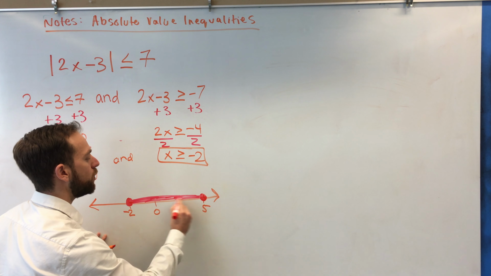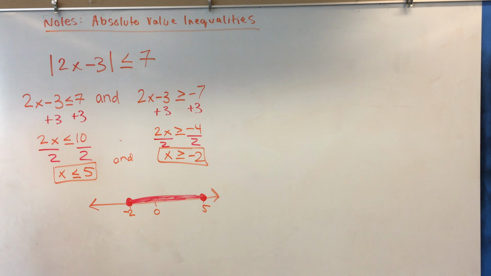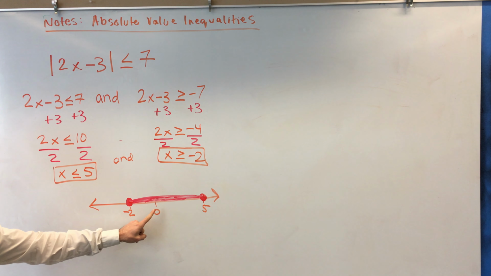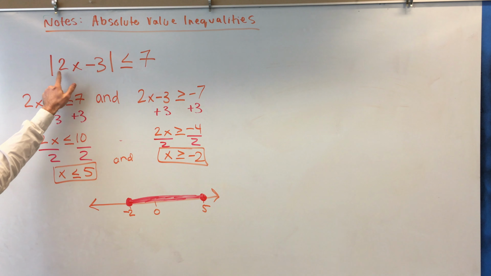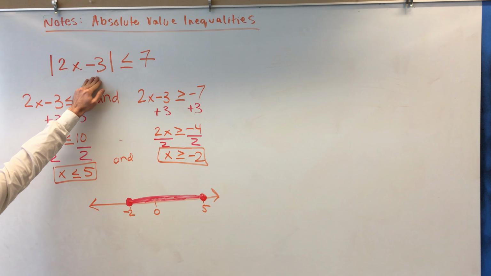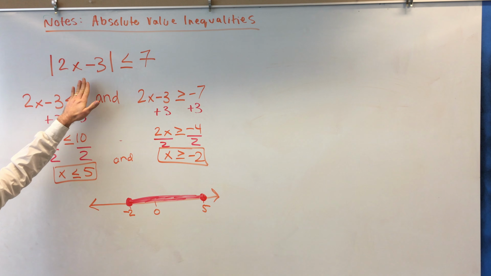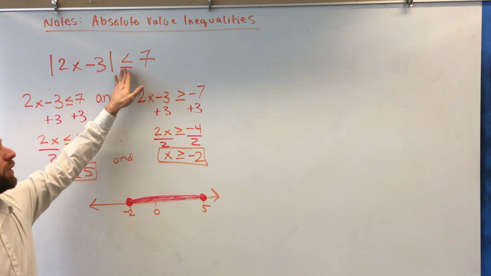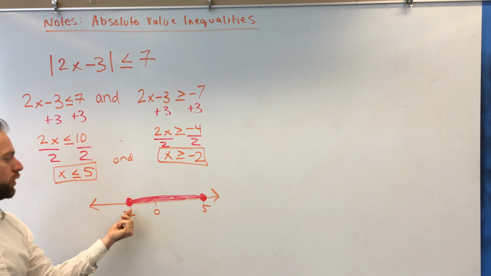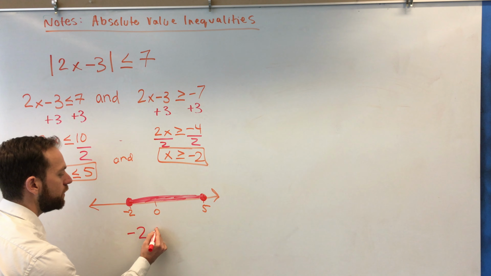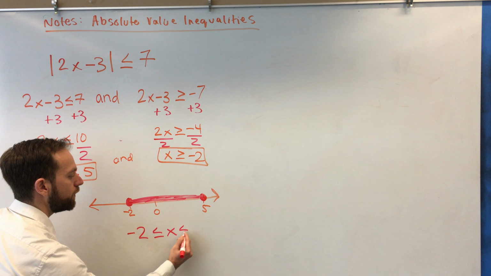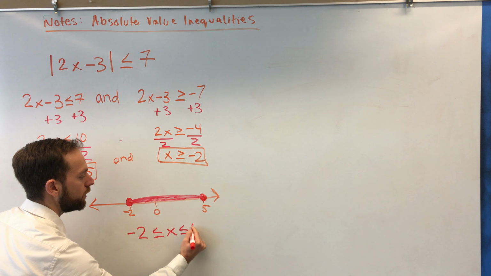If you test a point in between, you should see that it's an answer. See how 0 is a point in this area? If we plug in 0 here, we'll get 2 times 0, 0, minus 3. The 3 becomes positive, and 3 is less than or equal to 7. So the solution set is anything between negative 2 and up to and including positive 5.